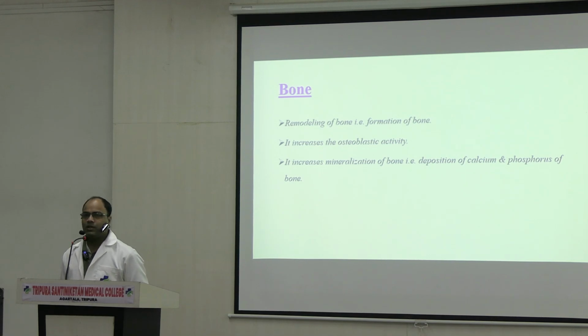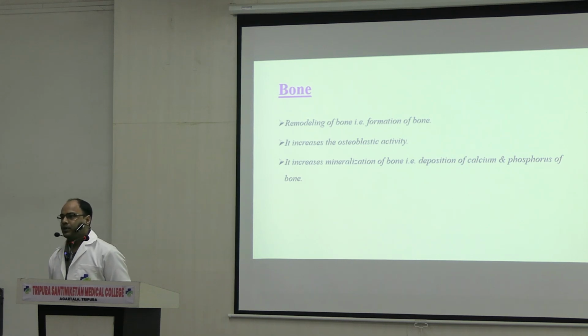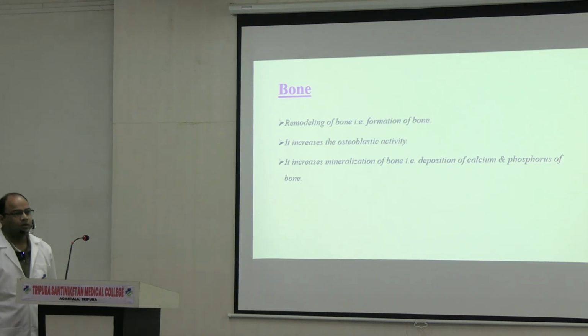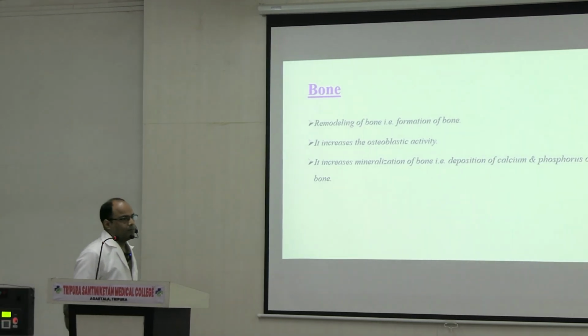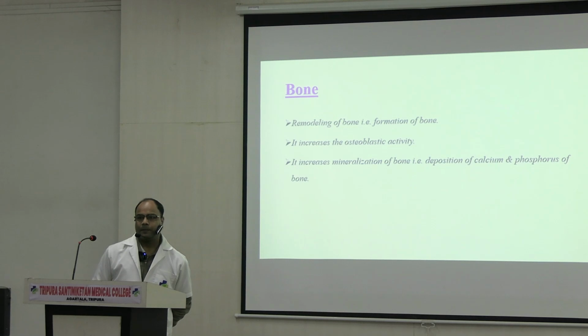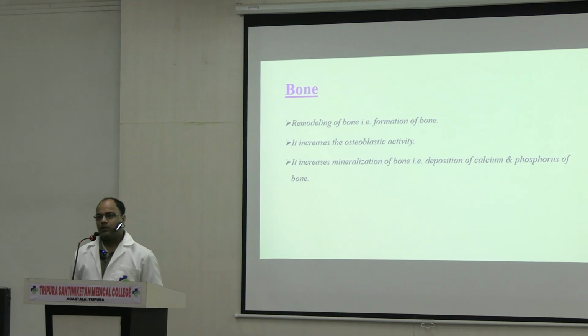Osteoblasts are immature cells of bone, osteocytes are mature cells, and osteoclasts are actually cutters. Remember, they destroy the bone and cause bone resorption. Vitamin D binds with osteoblasts and causes mineralization of bone. Calcium and phosphorus absorption occurs in bone.